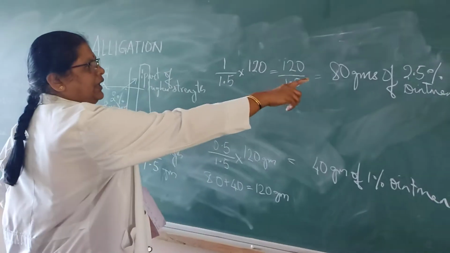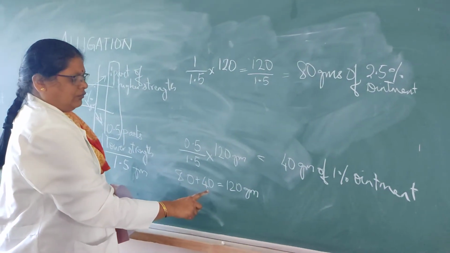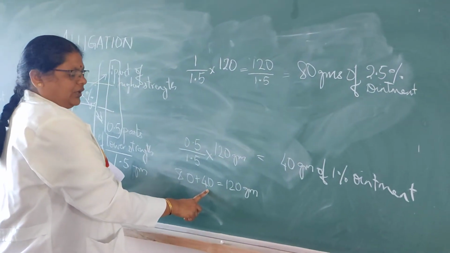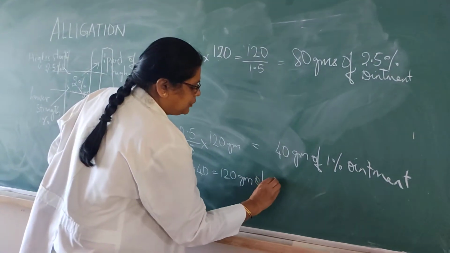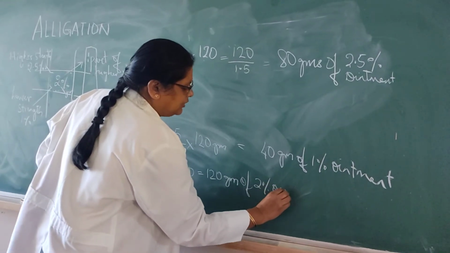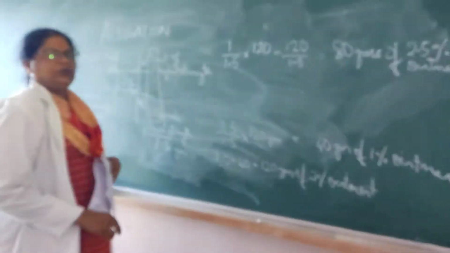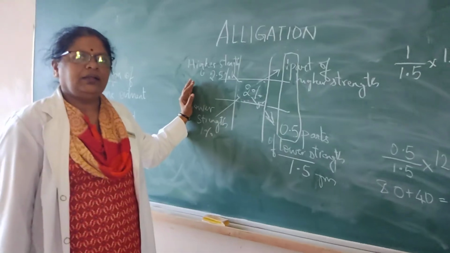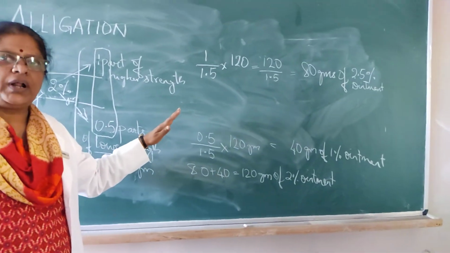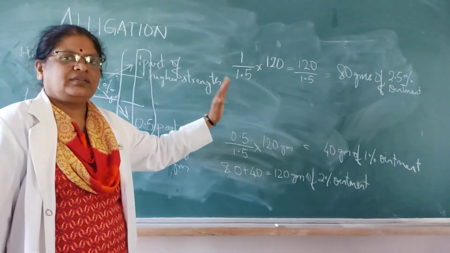So if you mix 80 grams of 2.5% ointment and 40 grams of 1% ointment, you will get 120 grams of 2% ointment. So this is how the alligation method can be used to calculate the quantities required of products with different strength to prepare the desired strength.